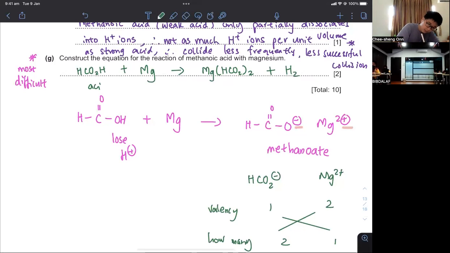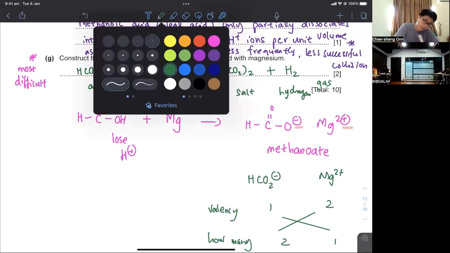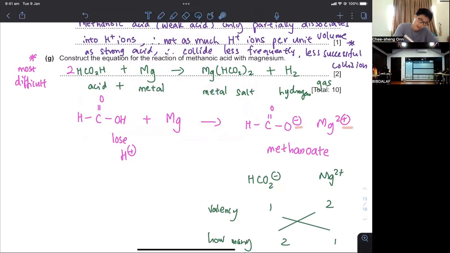This is acid plus metal, giving me metal salt and hydrogen gas, which will give you a pop sound with a burning splint. And guess what? I have 2 of the acid, 2 of the methanoate, so I need 2 of that, and each of these give me a H plus, so 2 of them give me 2 H plus, and I become H2. Hopefully that makes sense to you.